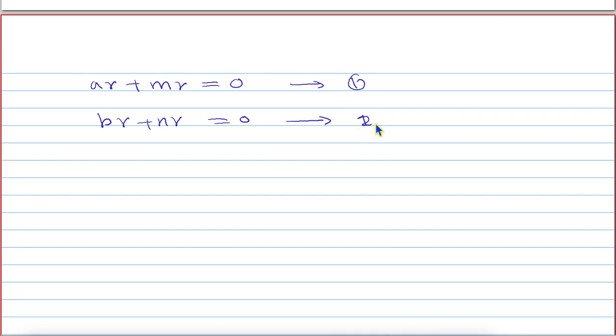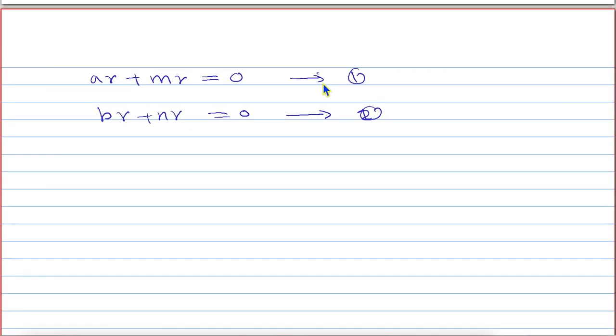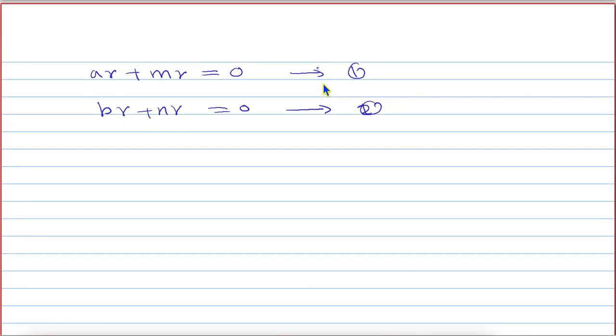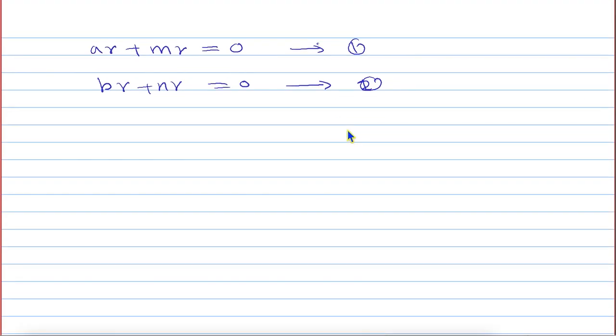Okay, so this is 2. Now we take Z1 minus Z2. Note first that Z1 minus Z2 equals (A, M) minus (B, N), and this by the definition of addition equals (A minus B, M minus N).